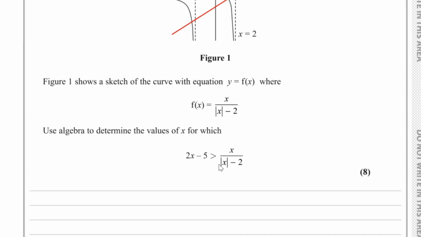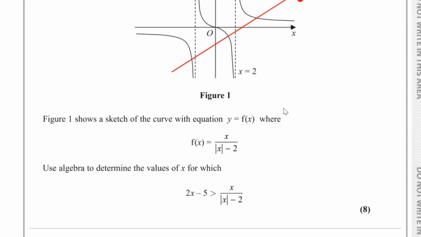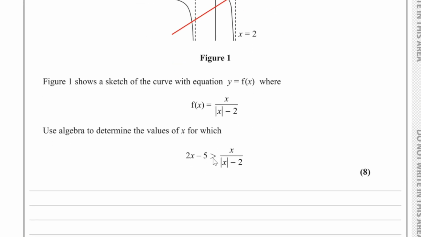Now, to find the critical values, we need to replace the inequality sign with an equal sign. So, if we do that, we have 2x minus 5 equals x over the mod of x minus 2.